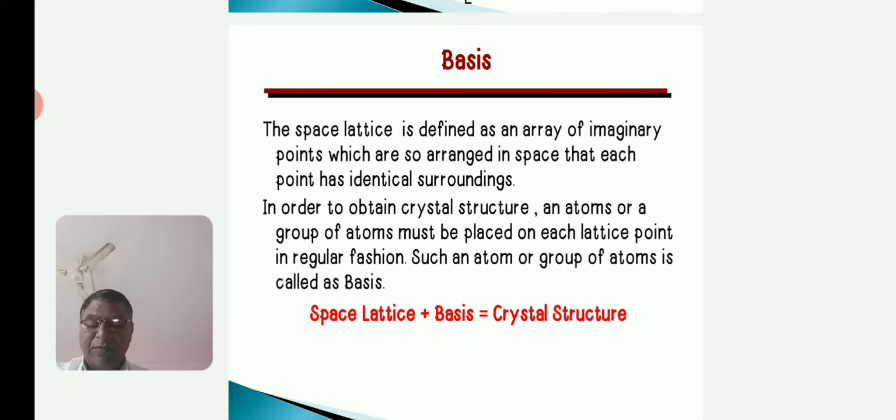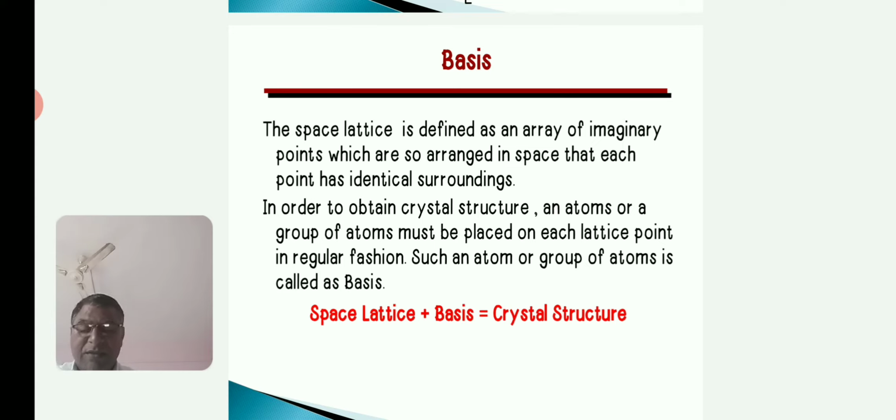The generation of crystal structure from a two-dimensional lattice and basis is illustrated. The basis consists of two atoms represented by the symbols, an open circle and a bold dot, having orientation.